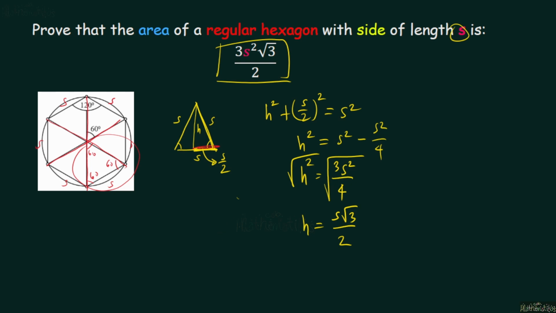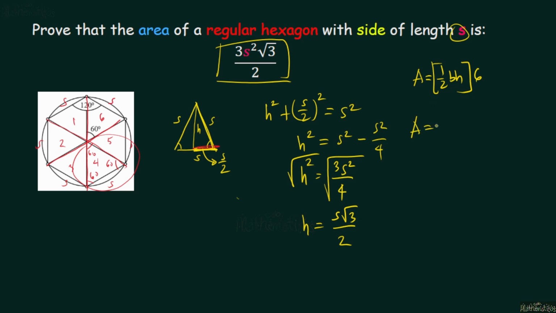So to solve the area for this regular hexagon, we have 6 equilateral triangles here. So 1, 2, 3, 4, 5, 6. So the area of that hexagon is just equal to 1/2 base times height times the number of equilateral triangles, 6.